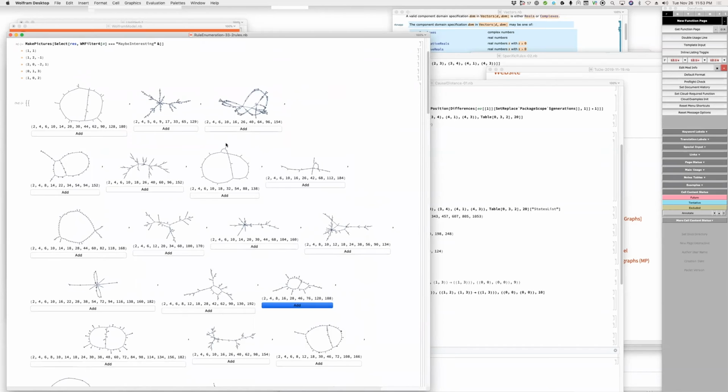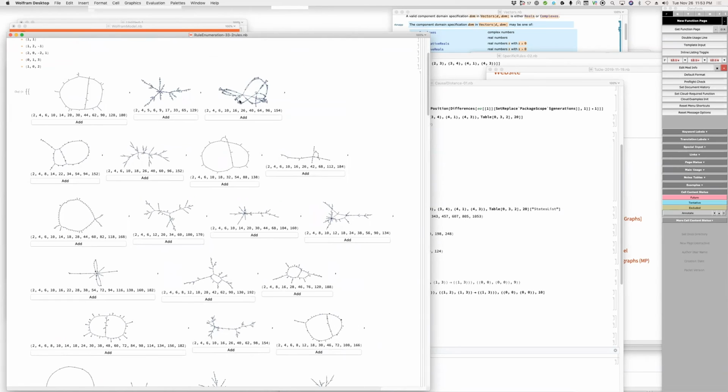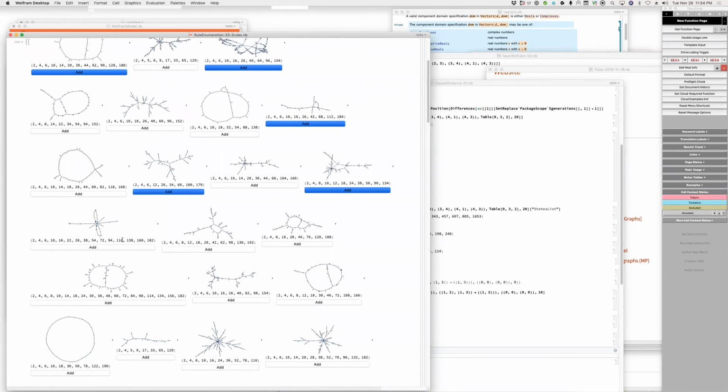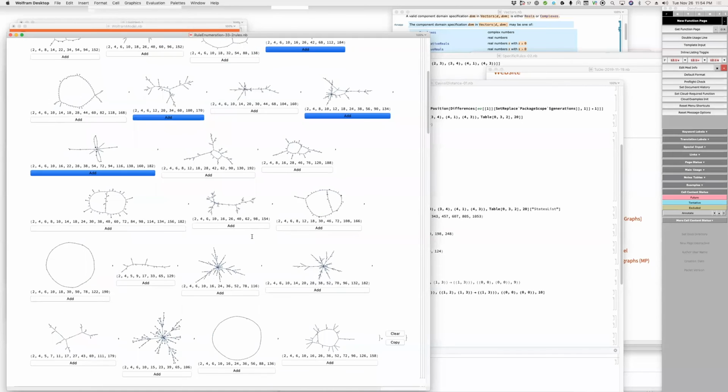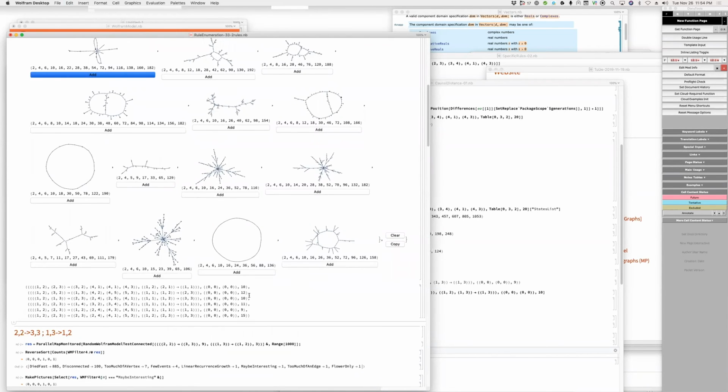All right, let's try some of these others. Okay, let's look at this. 1, 2, 2, 3, 1, 2, 2, 1. Okay, so those are not the same left-hand side, for example.